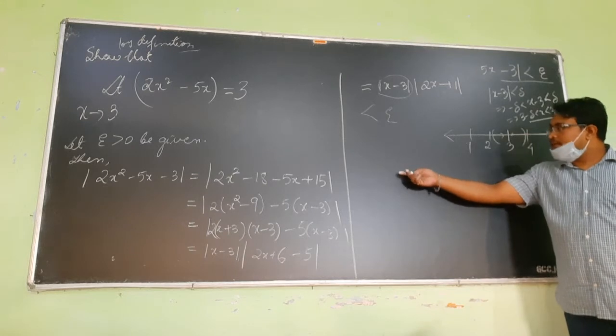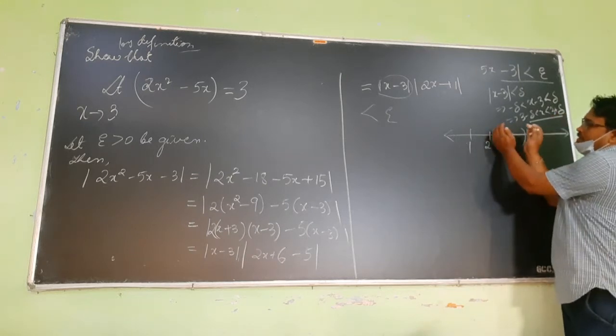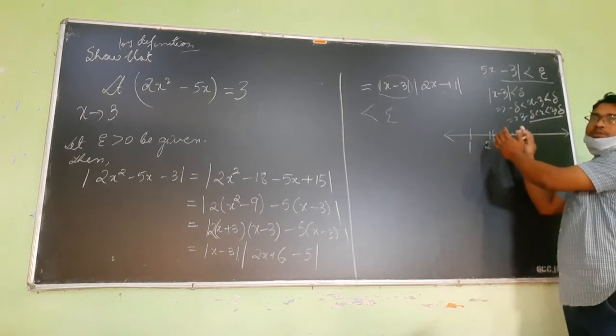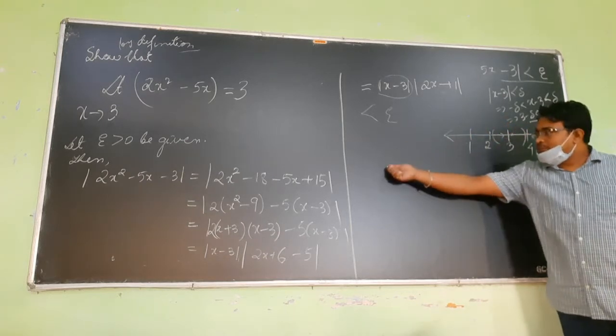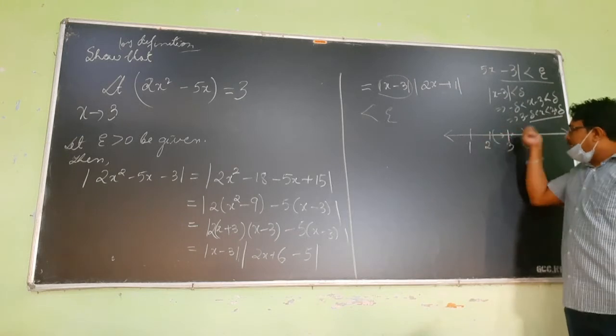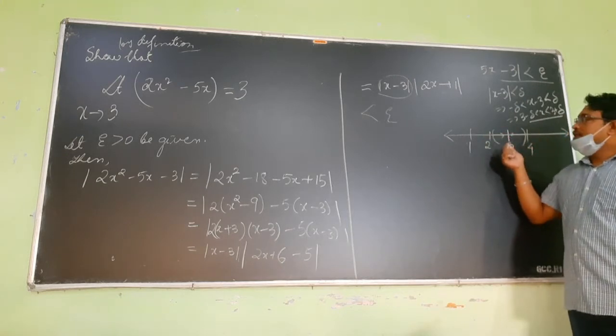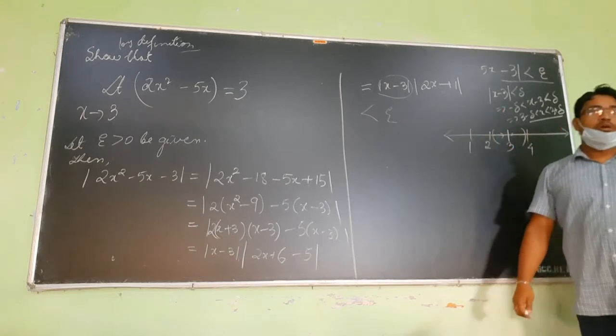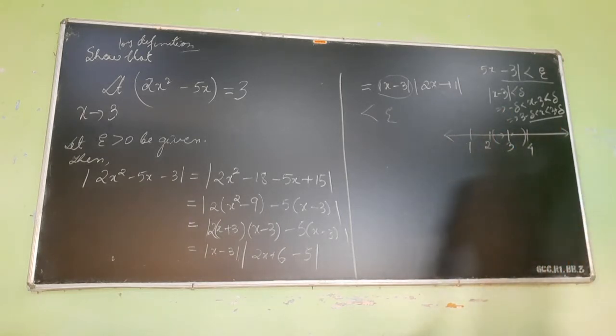Somebody gives you an epsilon, you have to find some region around 3. This region may be very large, this region may be very small. So given any epsilon, we should be able to find a neighborhood of 3 in which this difference f of x minus L is less than epsilon. That is the idea.